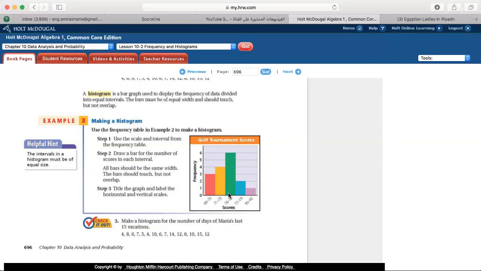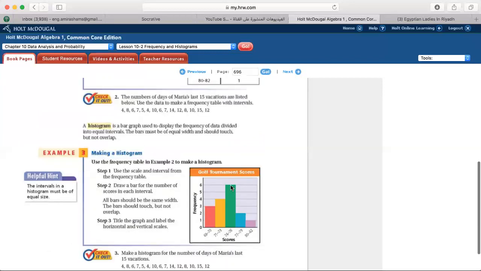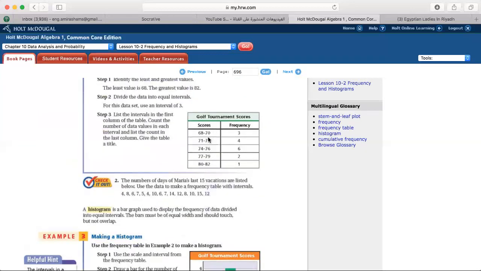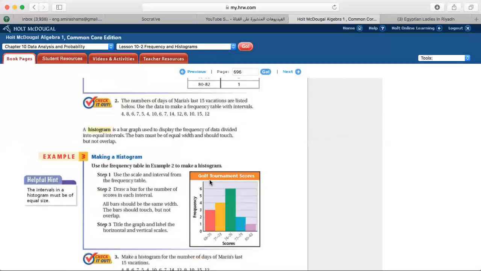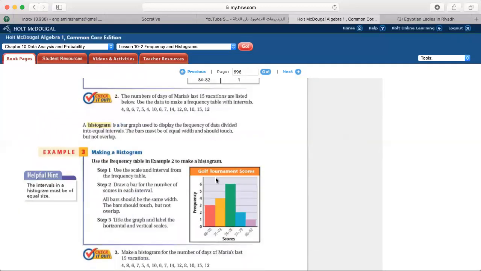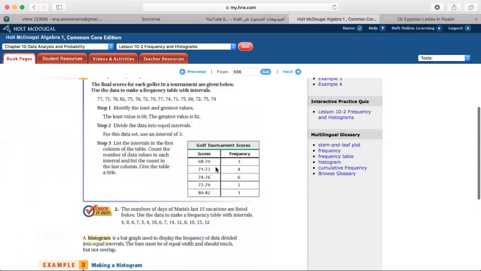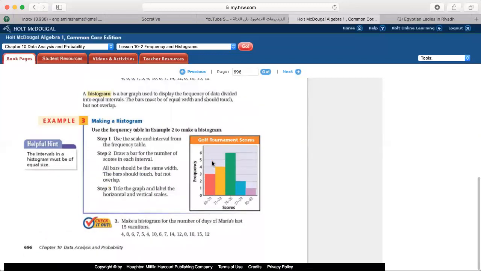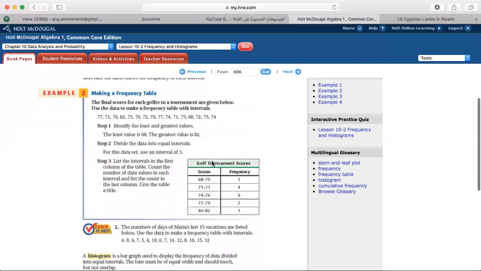I will write the intervals according to the intervals that I used in the frequency table. So I will not be able to make a histogram without making a frequency table. The histogram is related to the frequency table.